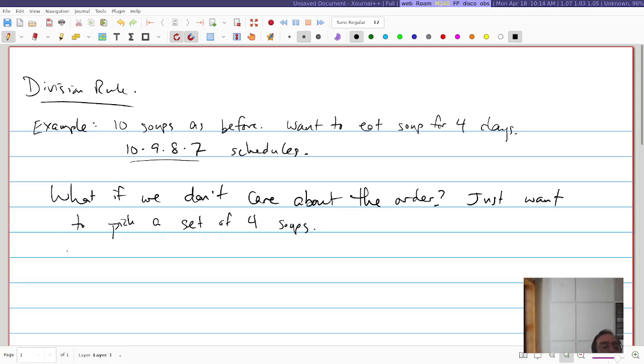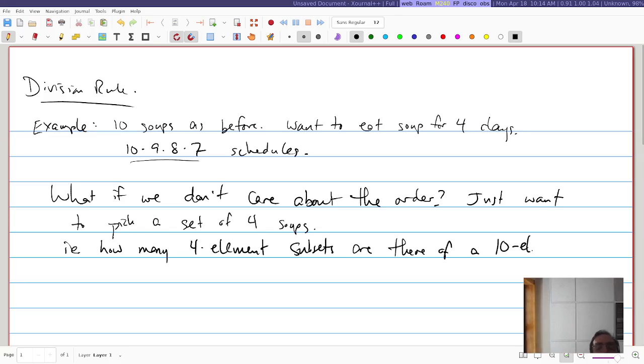So in other words, how many 4-element subsets are there of a 10-element set? So that's our motivating question.